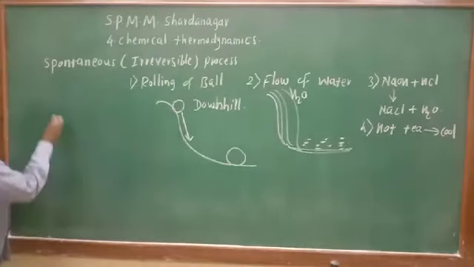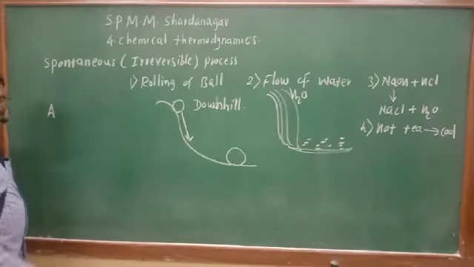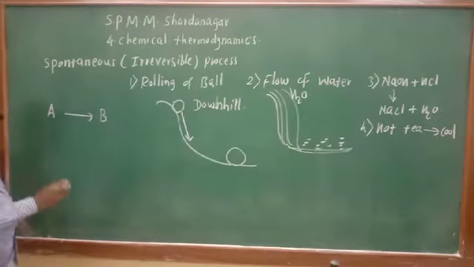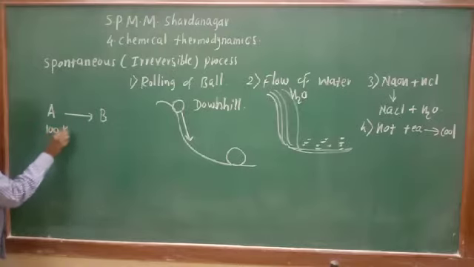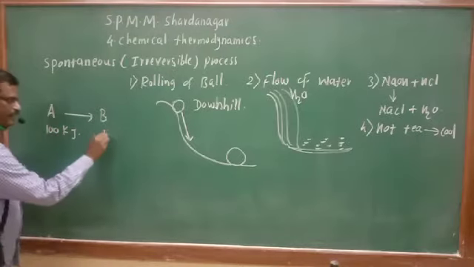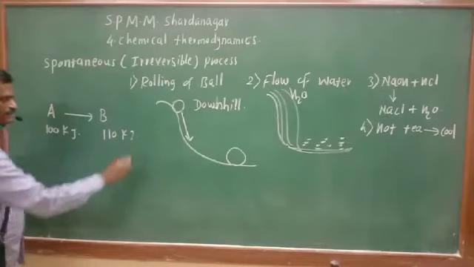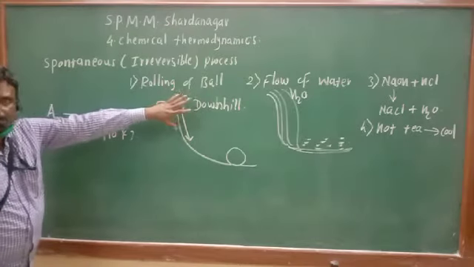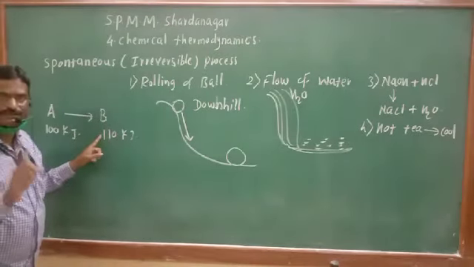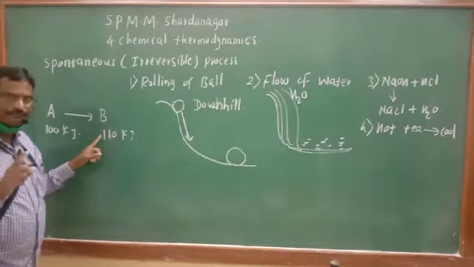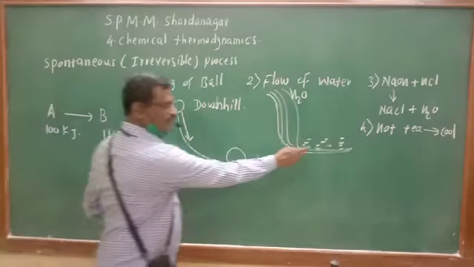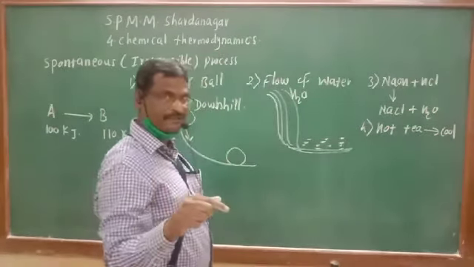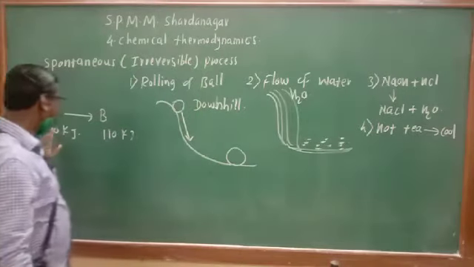Now, let us consider A is the initial state, B is the final state. When this is spontaneous, as we have just studied, if this has 100 kilojoule of energy and this has 110 kilojoule of energy, is it spontaneous or non-spontaneous? According to these examples, this is non-spontaneous, because we know that the energy of the final state is less as compared with the energy of the initial state.